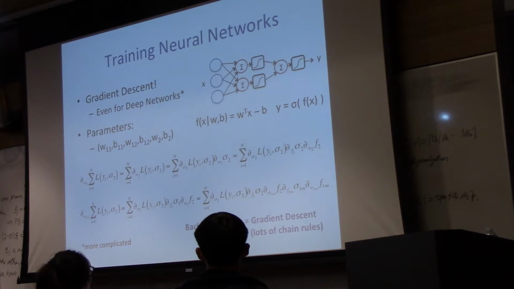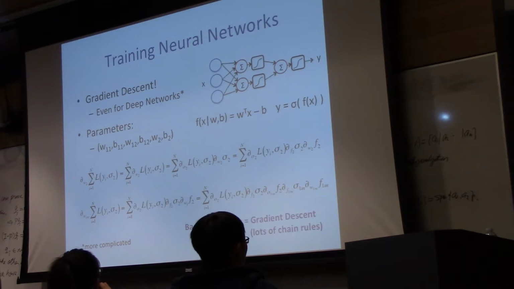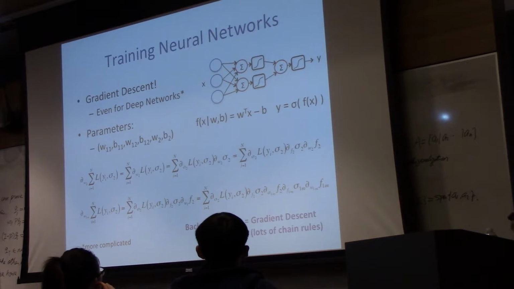This is called backpropagation. People in the neural network community, when they invented this training algorithm, called it backpropagation. It turns out to be equivalent to computing the gradient with the chain rule. Any questions about neural networks?